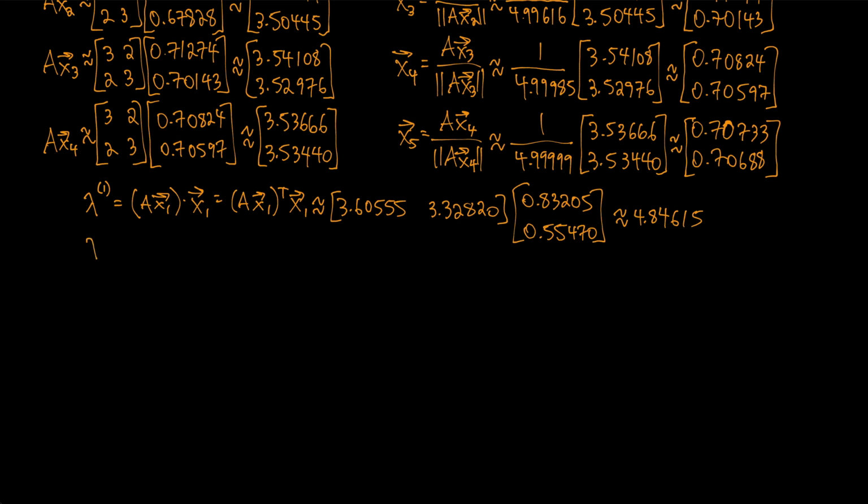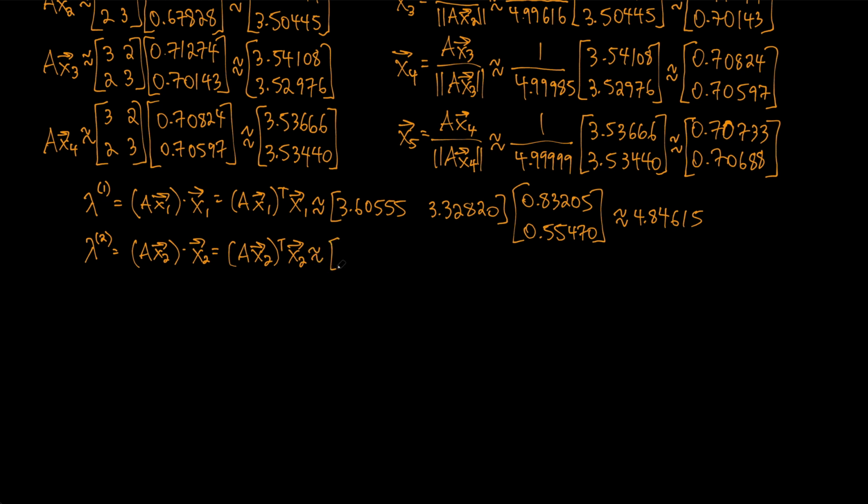So let's look at lambda 2, the second approximation for lambda. So that'll be Ax2 dotted with x2, which we rewrite as Ax2 transpose x2.